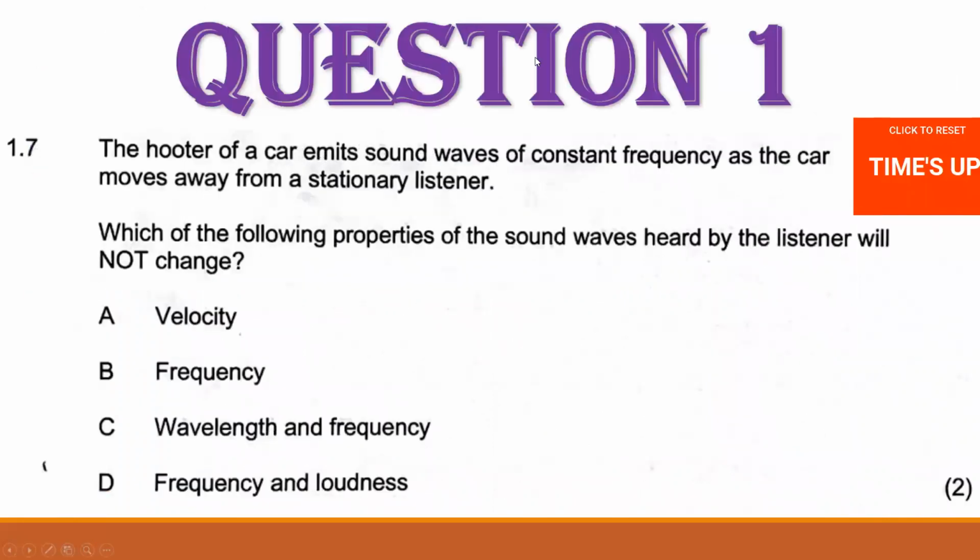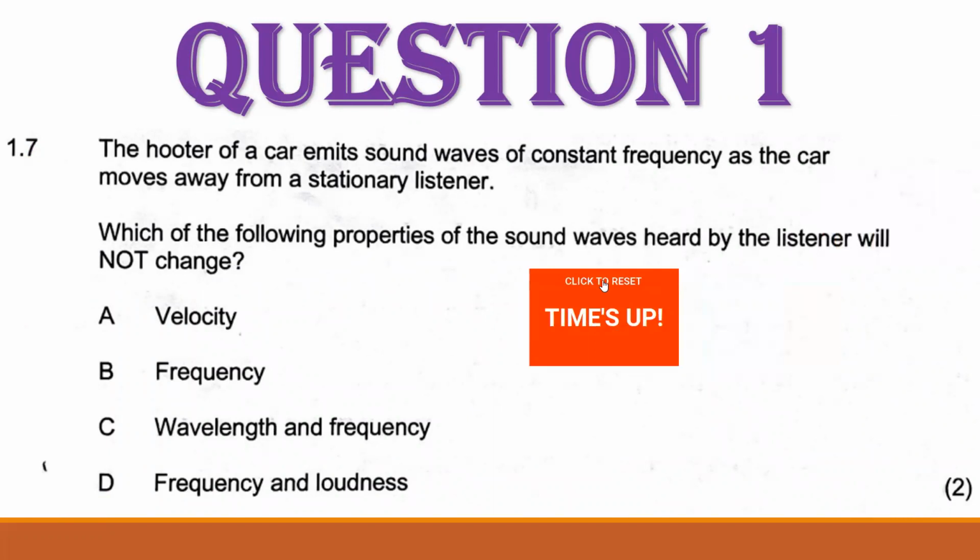1.7 is coming now. Let's give you 30 seconds. This is the Doppler effect, all about frequency, wavelength, velocity. A car is coming closer to a stationary listener, and asking which one will not change.